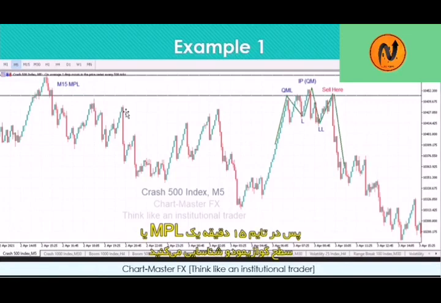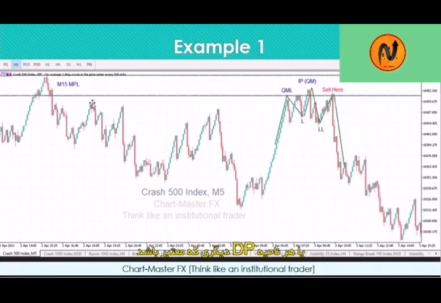On the M15, you check for a valid MPL or a Quasimodo level or whatever you identify there, as long as it's a valid decision point. So this was in the MPL area of M15. What happened is that when the price came to this MPL, it actually made an impactful pattern, which is the Quasimodo.